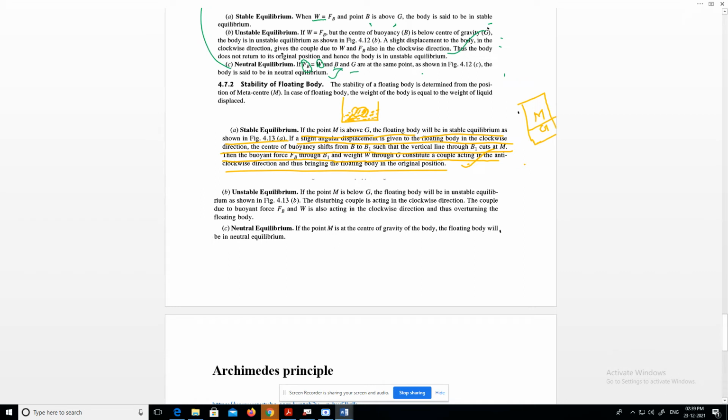If the metacenter is below the center of gravity, that condition is unstable equilibrium. Neutral equilibrium: the metacenter and center of gravity of the floating body coincide, and the body will be in neutral equilibrium.